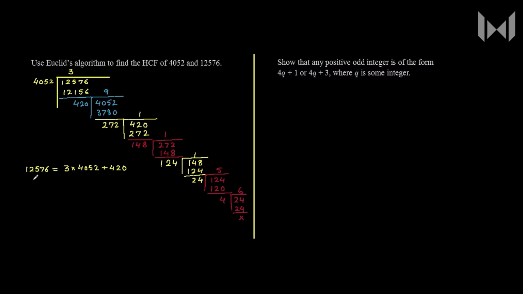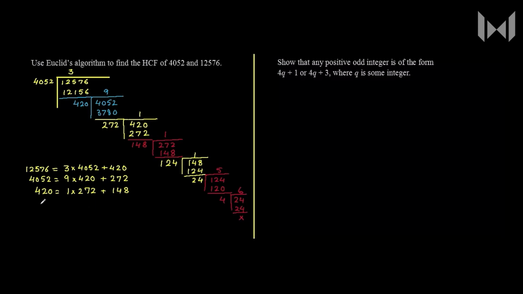Now in the next step, we were dividing 4052 by 420 and it went 9 times, so 9 into 420 plus 272. Next step, 420 being divided by 272 going only one time, so 1 into 272 plus 148.